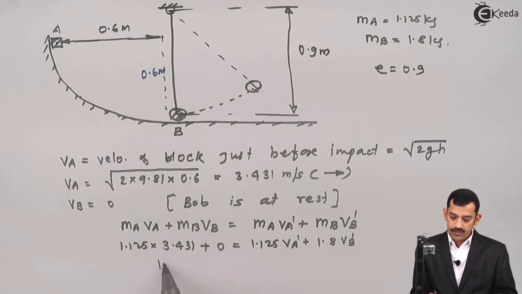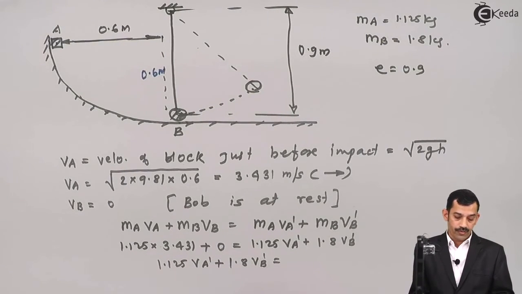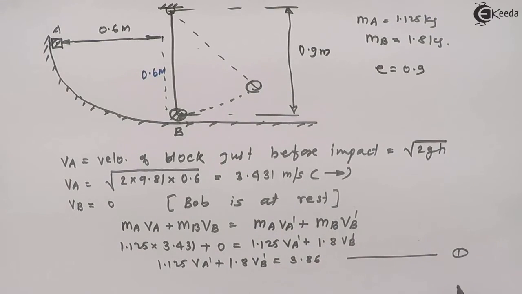That means we get one relation: 1.125 VA dash plus 1.8 VB dash equal to 1.125 into 3.431. If you multiply here, this relation equals 3.86, say equation number 1.